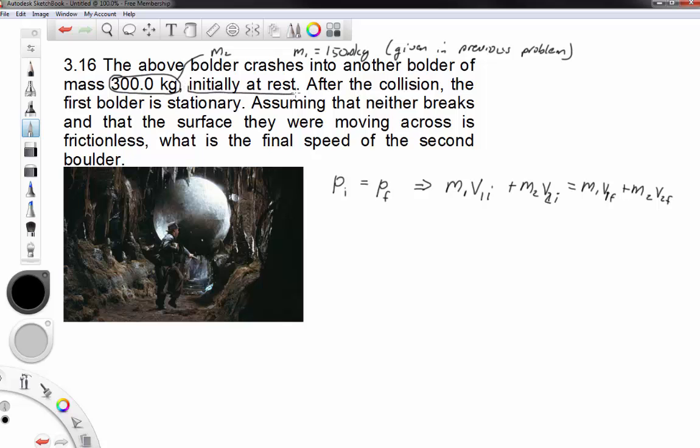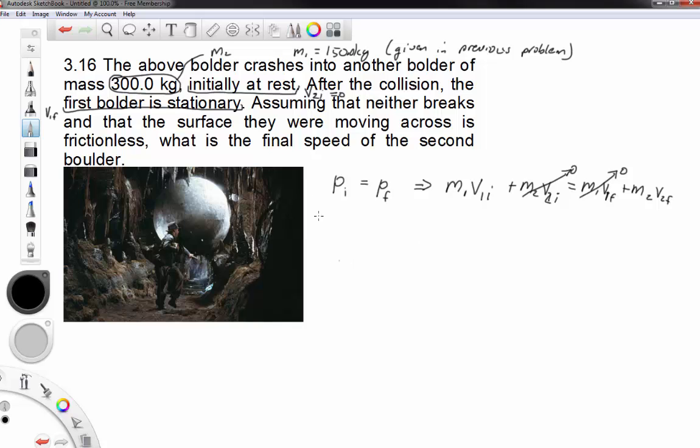And initially, our second boulder is at rest. V2 initial is 0. So that means that we can get rid of this term because this is 0. After the collision, the first boulder is stationary. This means that V final for boulder number 1 is also 0.